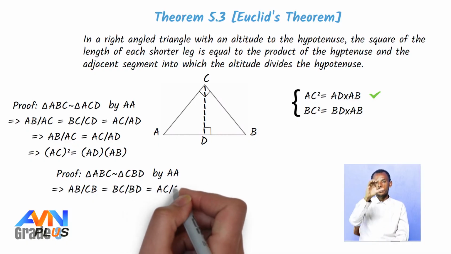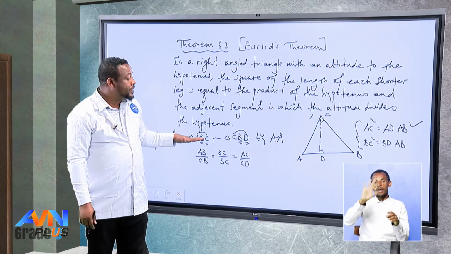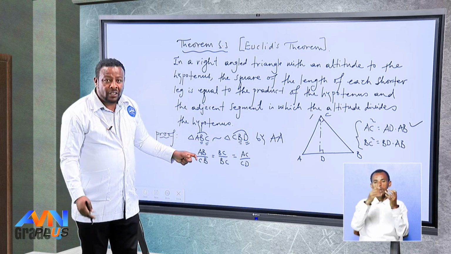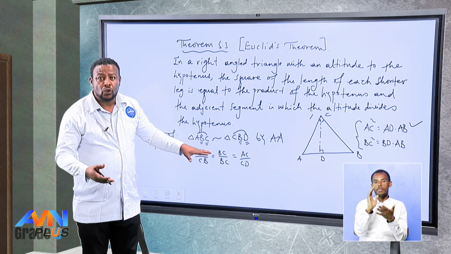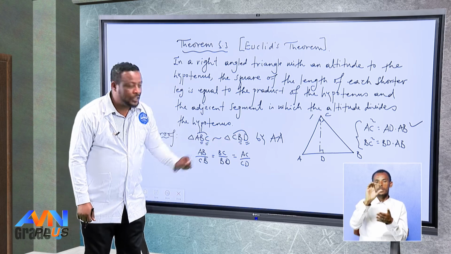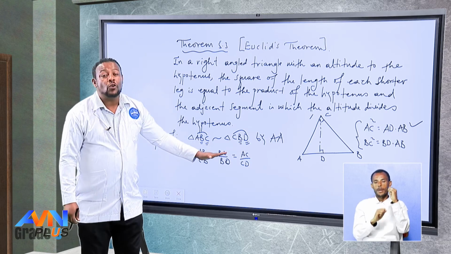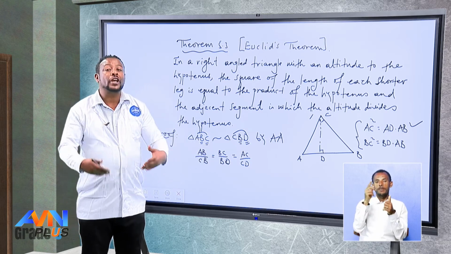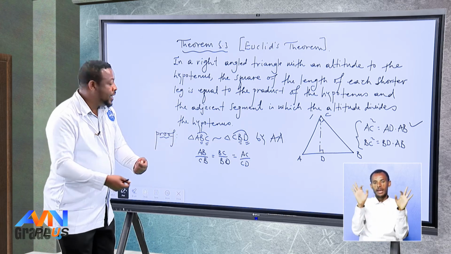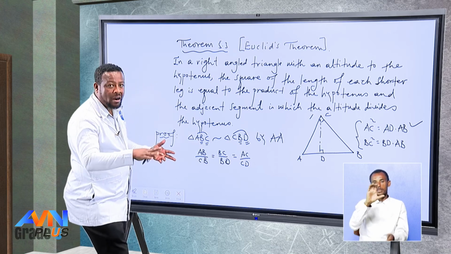You can get this ratio by similarity of the two triangles. Now from this, you can take the first two ratios. If you take BC here, you need to take BD. Good. So if you compare the first two ratios and take a crisscross, you will get BC times CB. BC and CB are the same, right?